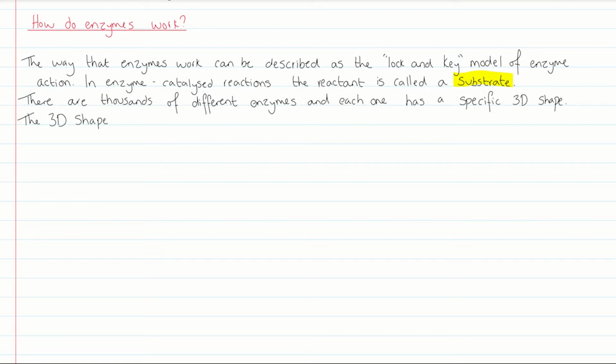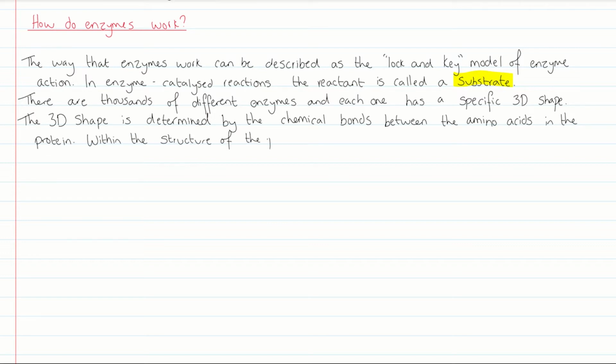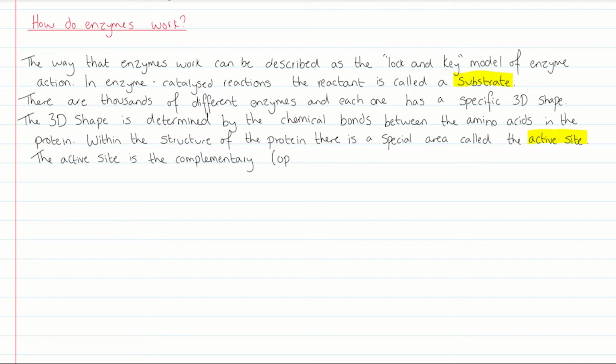The 3D shape is determined by the chemical bonds between the amino acids in the protein. Within the structure of the protein, there is a special area called the active site. The active site is the complementary or opposite shape to the substrate.